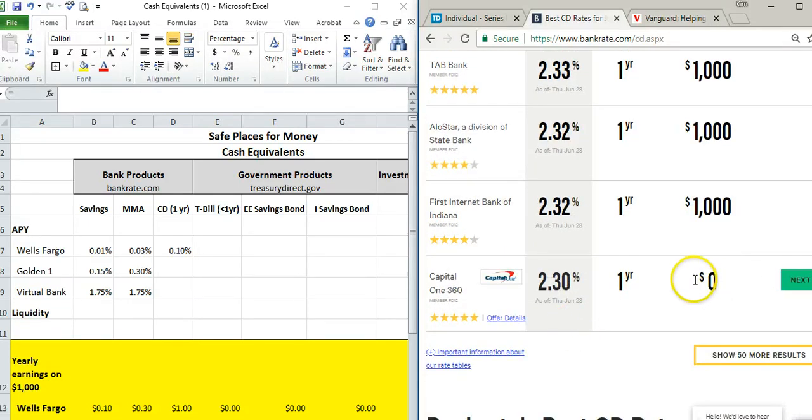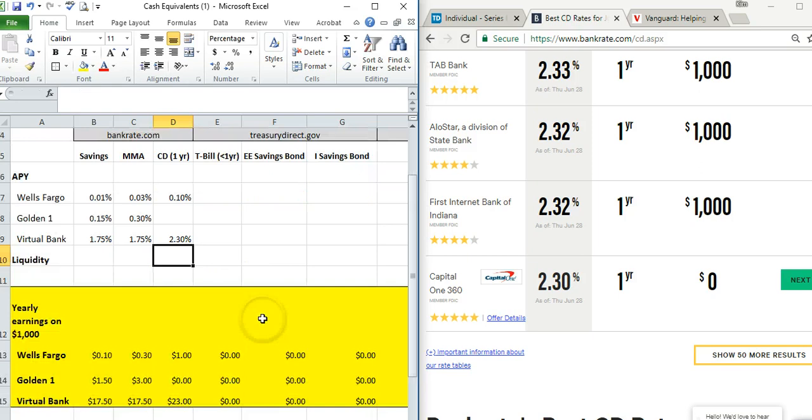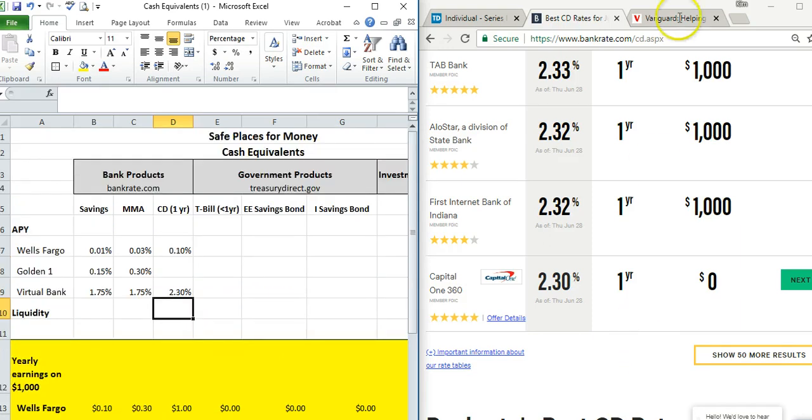You could put in any amount over $0, lock it up for 1 year. I'm just going to put 2.3. Okay? So on a virtual bank, on $1,000, you're going to earn $23 versus $1 at one of our domestic or local banks. So now you know. That's the banking system here.